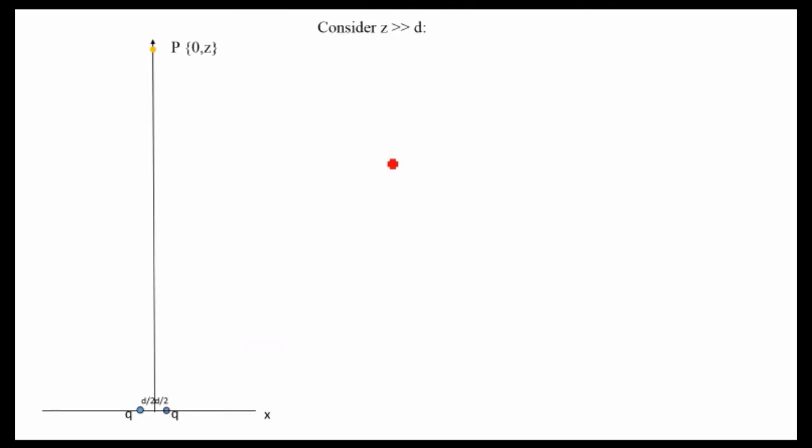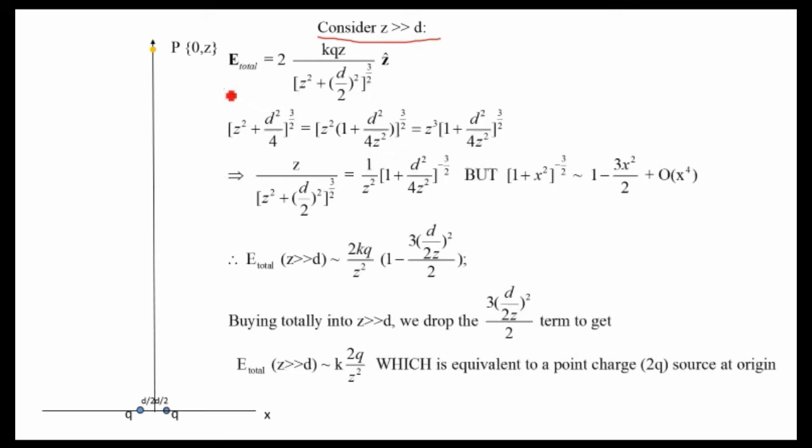Okay, so what we do is we let z be really large relative to the spacing, which is d, of course. So we're in a situation like this, so we're considering z much larger than d, and let's see what happens. So we start with the expression that we just derived. This is the exact E sub z from the point charges.